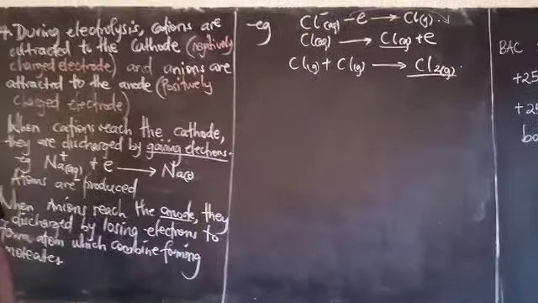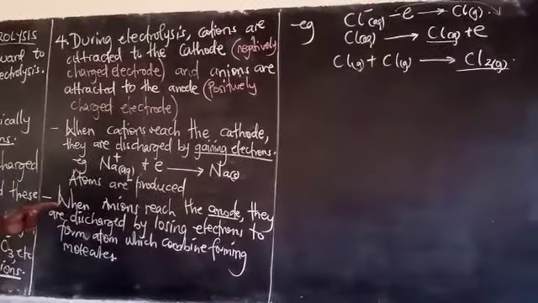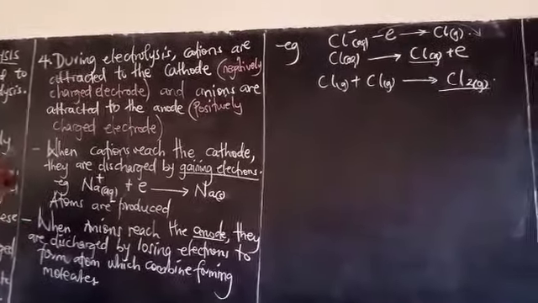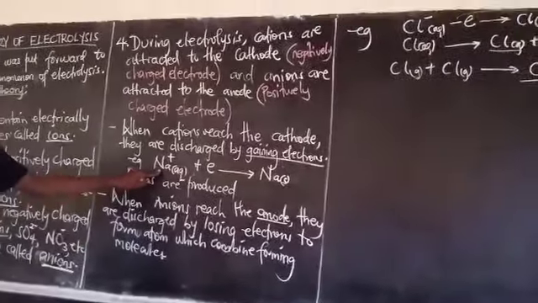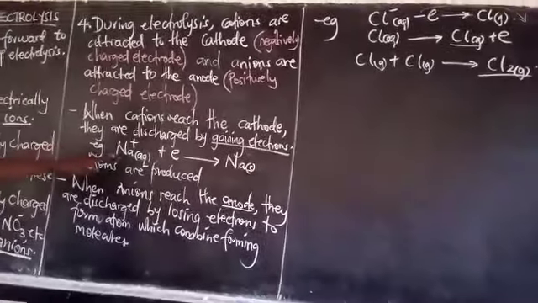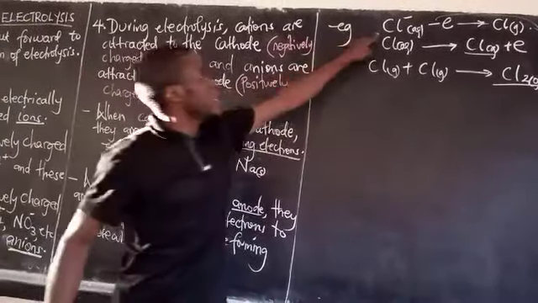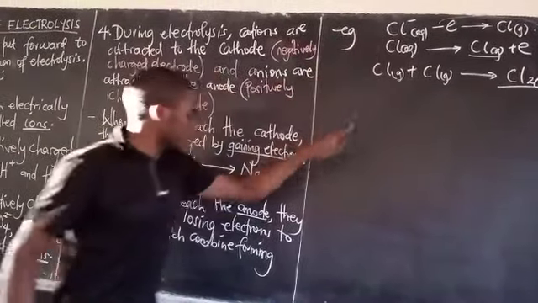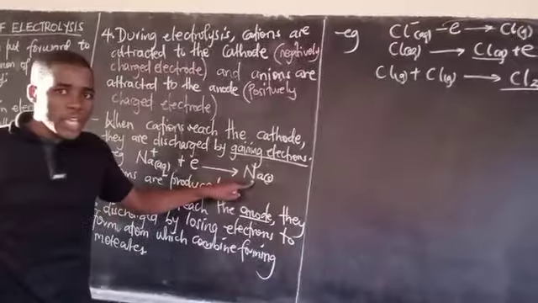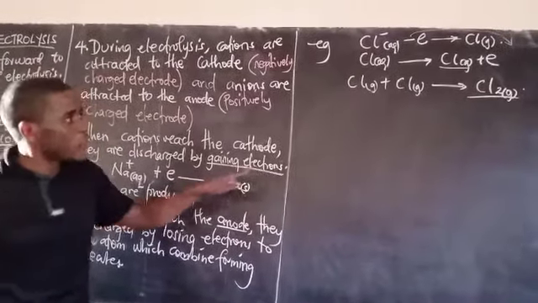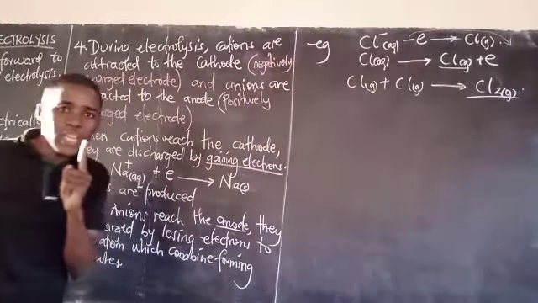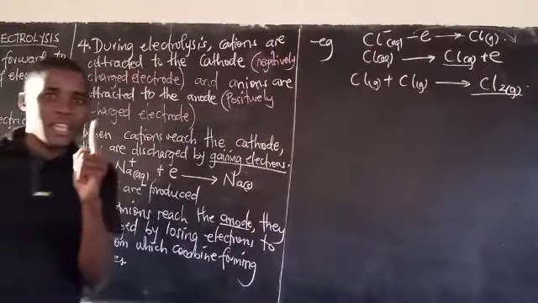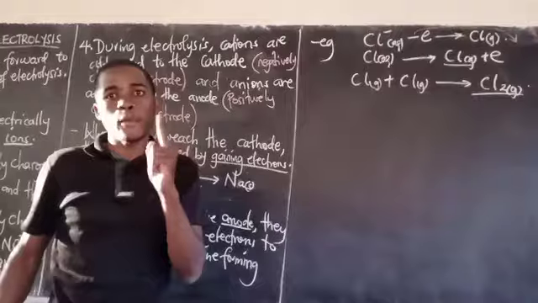You can realize that if we had this electrolyte as sodium chloride, at the end of electrolysis you have formed sodium metal alone and chlorine alone, an indicator that during electrolysis there is always decomposition.